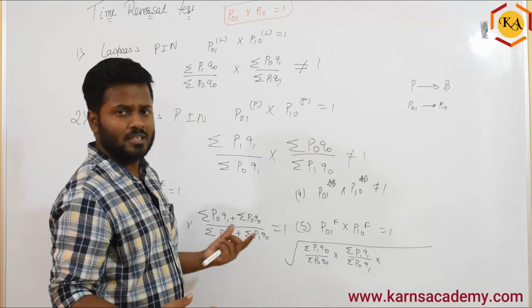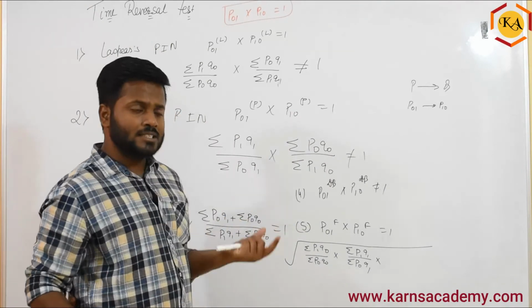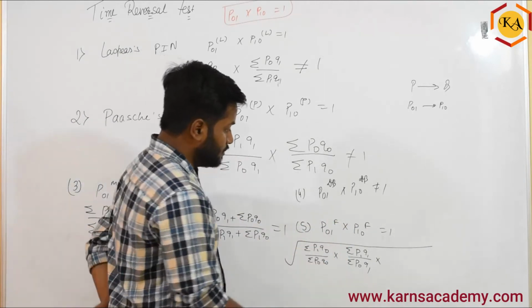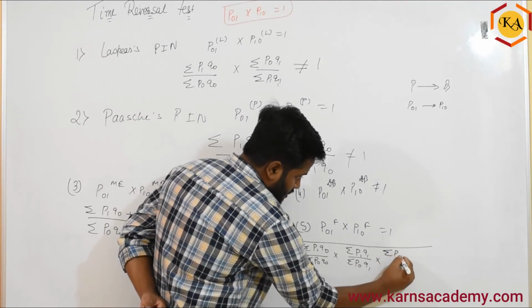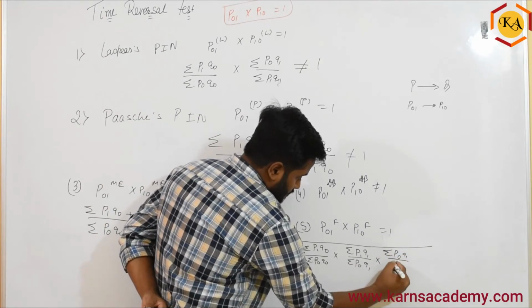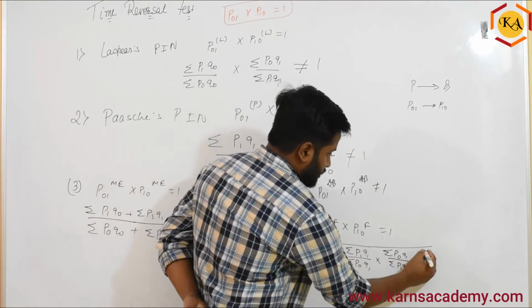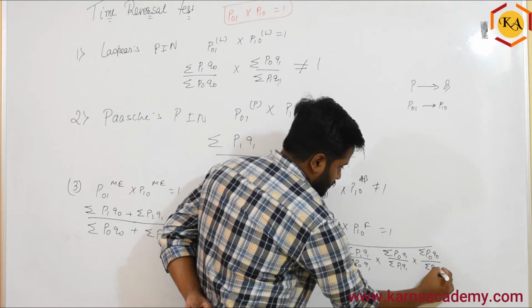It's going to be the same thing, right? Inside the root when your multiplication is there, it's not going to make any difference. So you can extend the root and write this. So what is this P10? There will be changes in this. How do we change this? This will become summation P0Q1 by summation P1Q1 into summation P0Q0 by summation P1Q0.